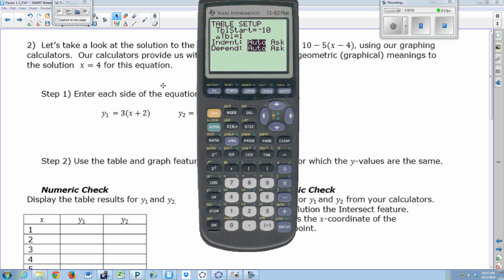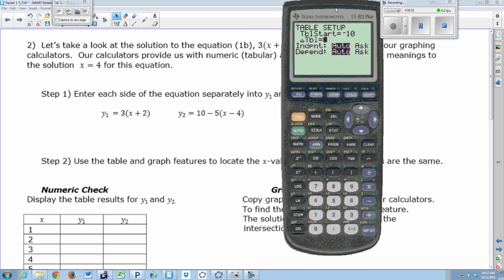It's going to throw -10 into this equation and calculate the value for y1, and it's going to throw -10 into this equation and calculate the value of y2. So let's just do that once to see what we should expect in the calculator. If we put in -10 for x, what is y1 going to be? y1 is going to be 3 times -10 plus 2. y1 is going to be 3 times -8, which gives me -24.